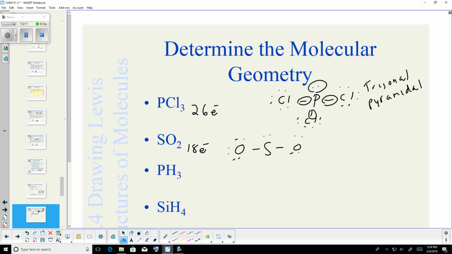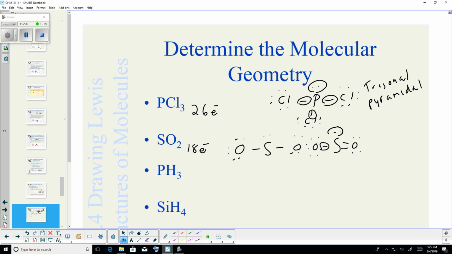So what we usually have is... how many things around the sulfur? 3. This counts as 1.